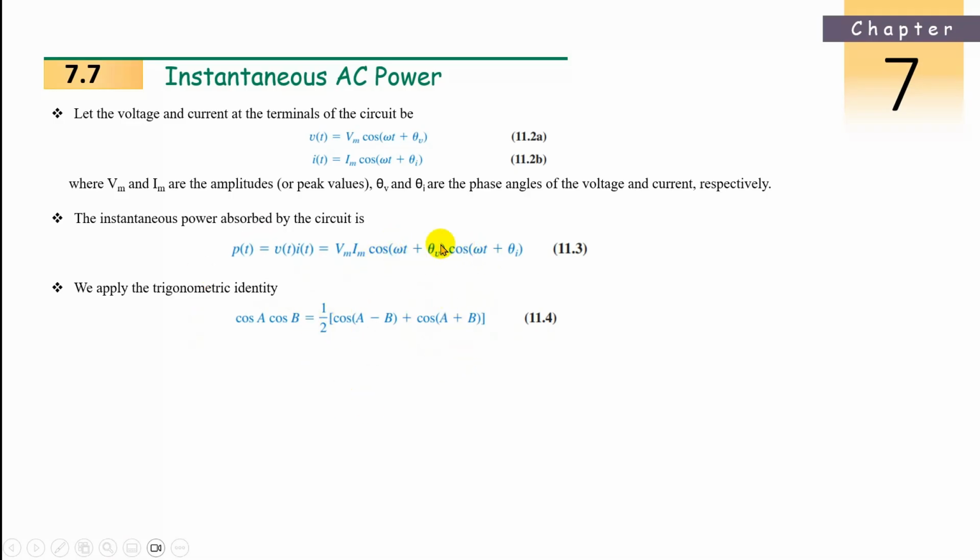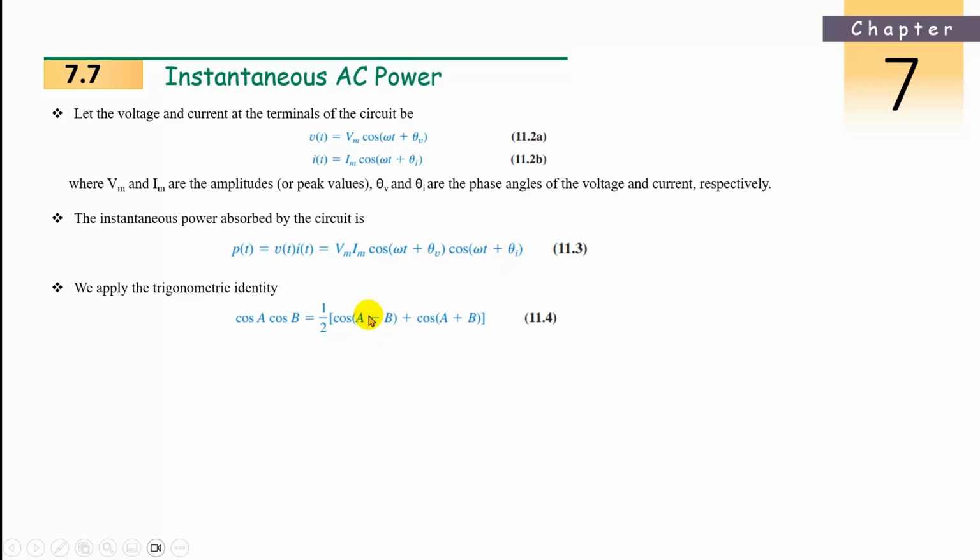Now, Vm Im stays as it is, with no change. What is A here? A is omega t plus theta V, and B is omega t plus theta I. Substituting, A minus B is omega t plus theta V minus omega t minus theta I. The omega t terms cancel out, so what remains in the first part is cos(theta V minus theta I).